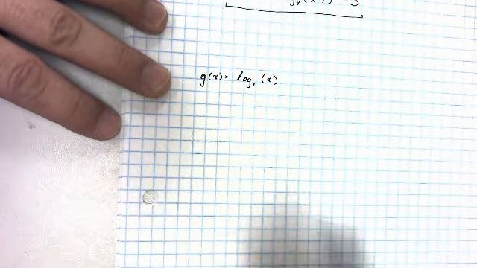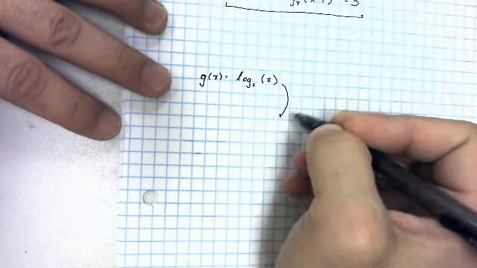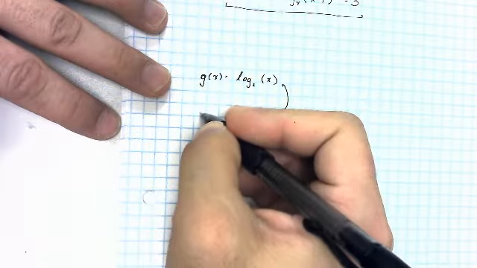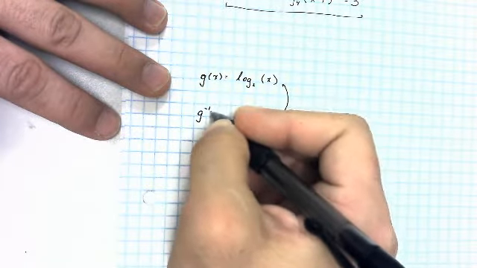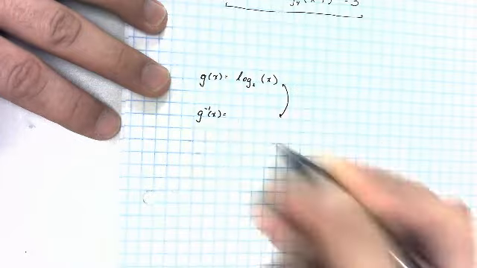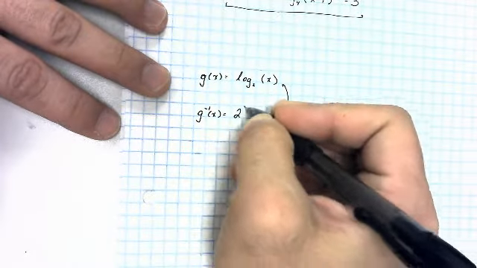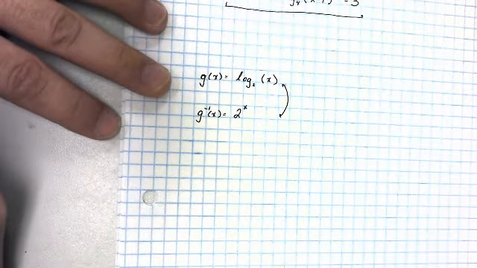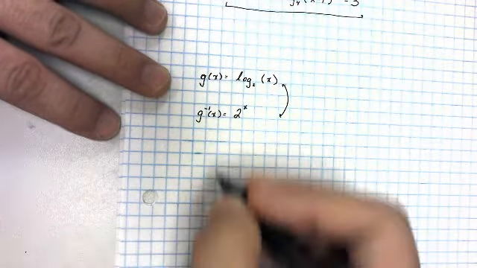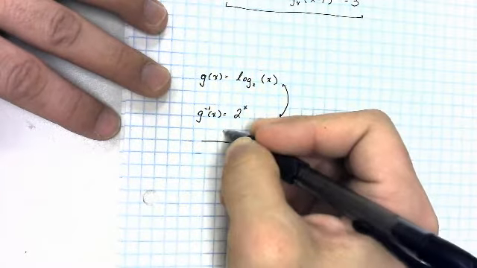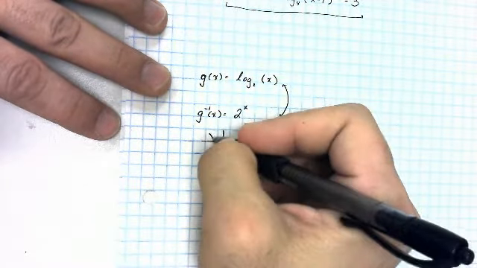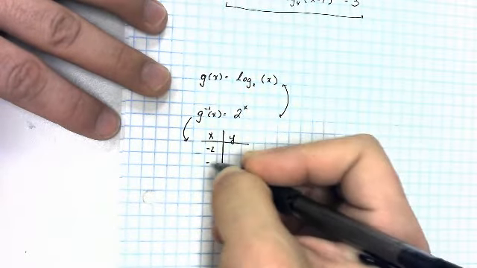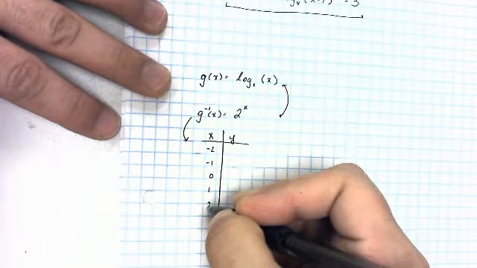So instead, we use the relationship that this is the inverse of, we'll just call it g to the negative 1 of x equals 2 to the x power. So those are inverses of each other. And we know from earlier in the chapter that we can graph this function by plugging in negative 2, negative 1, 0, 1, and 2.